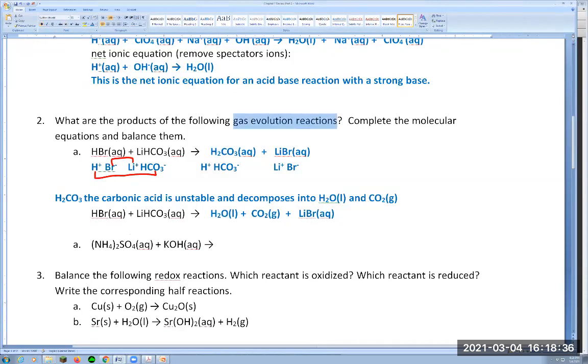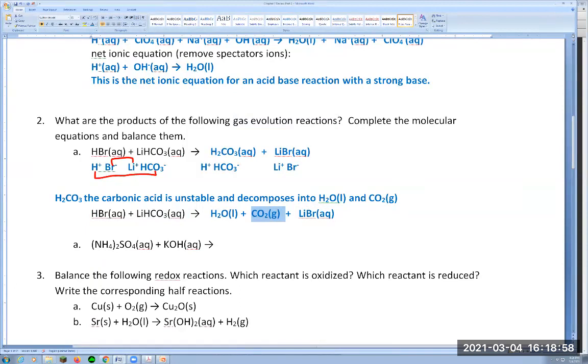Gas evolution, a gas is evolving out of the beaker where you mix those two solutions, and you will see bubbles forming in the solution, and then the gas will escape, right? The CO2 gas will escape. So that's why it's called a gas evolution reaction.